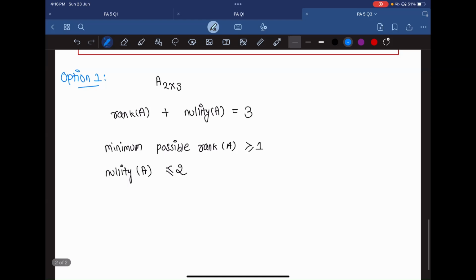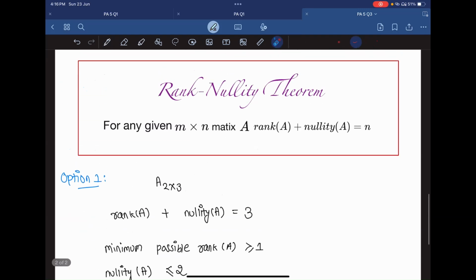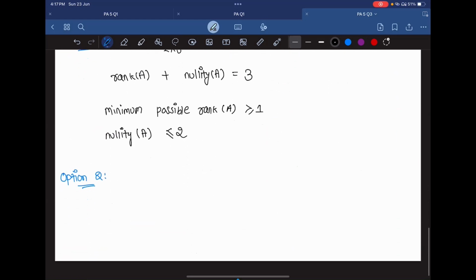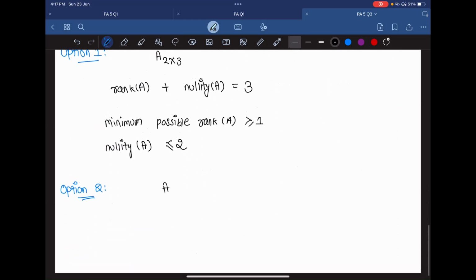Now let's look at option 2. If A is a 3 cross 2 matrix, a non-zero matrix, then the nullity of matrix A is less than or equal to 1. So it's the same type of question, it's just that the order of the matrix is different, but the procedure would be the same. From the rank nullity theorem, rank of A plus nullity of A is equal to 2.